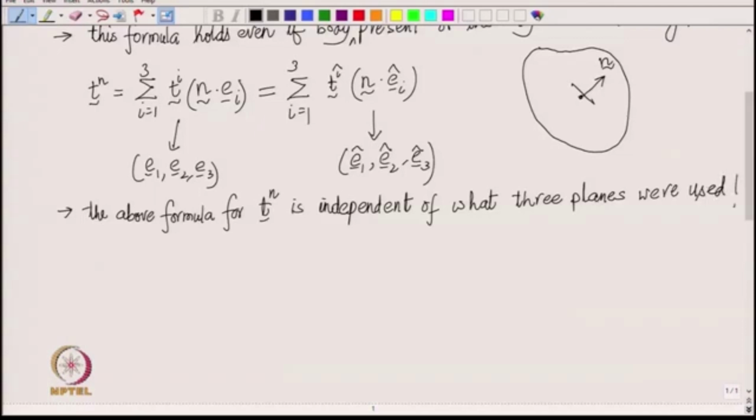Okay. So, that is just a recap of what we have done till now, and as I told you, we now want to discuss a new concept, that is the stress tensor.